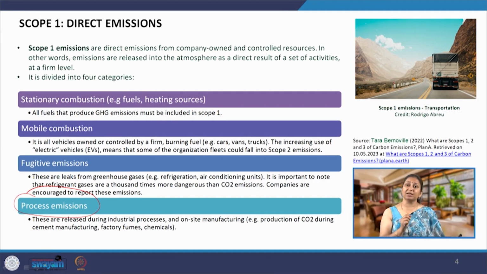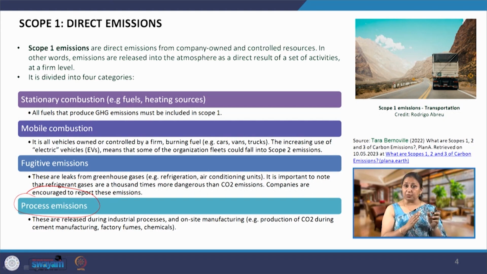This is what will come in scope 1 emission. These are directly happening within the facility which is under the direct control of this company. So, all such process emissions will come under the scope 1 emissions, and this is one of the most significant parts of the overall scope 1, 2 and 3 emissions.